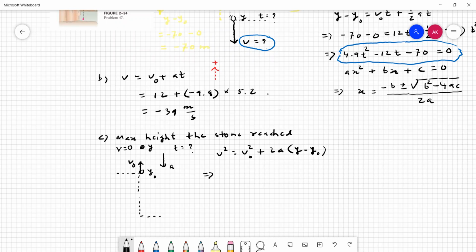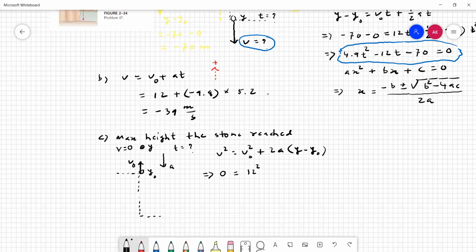Is this clear to you that for solving this problem, we know final velocity, and how much is that? 0. Initial velocity is 12.